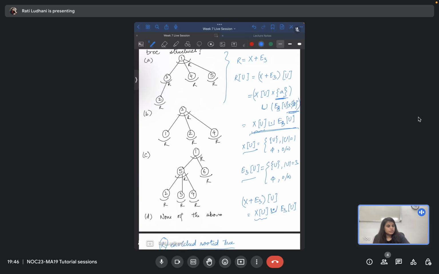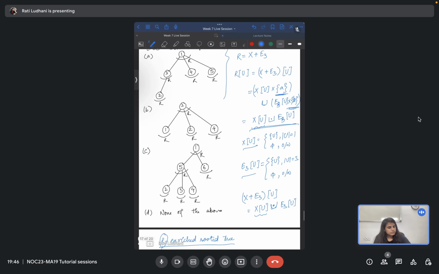For example, if the cardinality of u is 1, then there is one structure using x. So there is one x structure. And when the cardinality of u is 3, then there is one e3 structure.